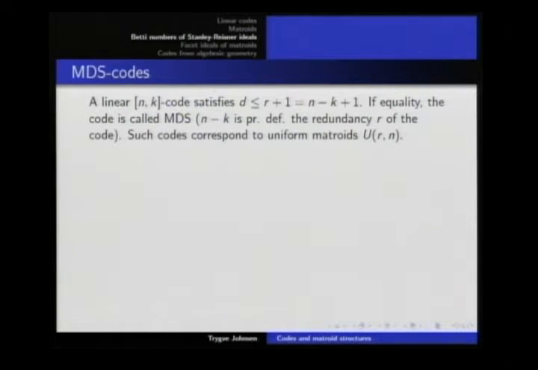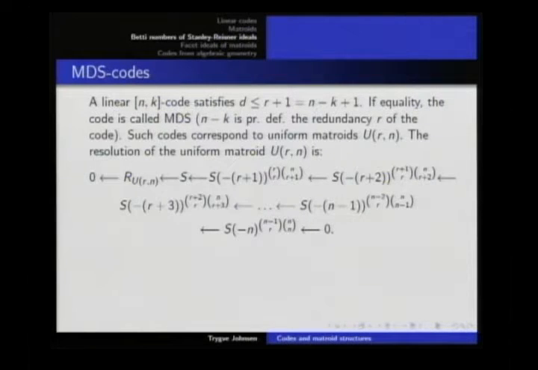So you get the well-known uniform matroid, U_{R,n}. For the uniform matroid, you can find the resolution. And from these twists that you see here, the first one is R plus 1, showing that the minimum distance is R plus 1. This shows that D2 is R plus 2. D3 is R plus 3. And D_k is n. You can read it off like that.